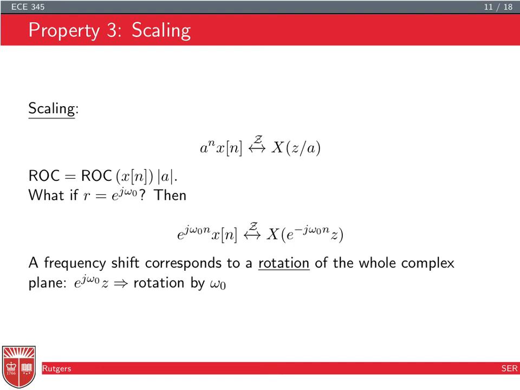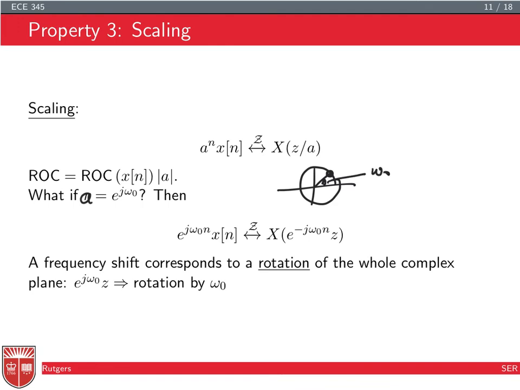An interesting thing is when I choose the constant a to be e to the j omega 0. This is a complex number on the unit circle, and the angle is omega 0.